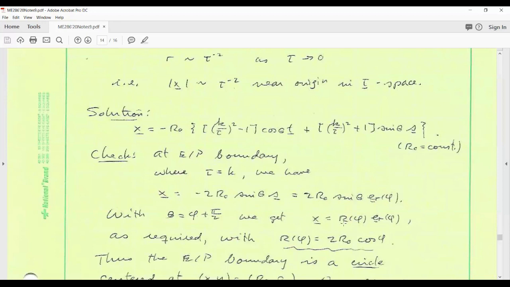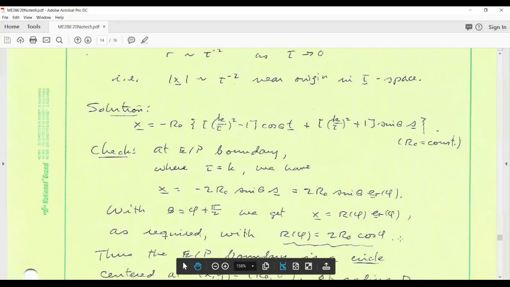That gives us x is some function of phi times ER phi, and that function then has to be our capital R of phi, which is the radius of the elastic plastic boundary at azimuth phi that we've been looking for. You see quickly then that R of phi has to be 2r naught cosine phi with this.